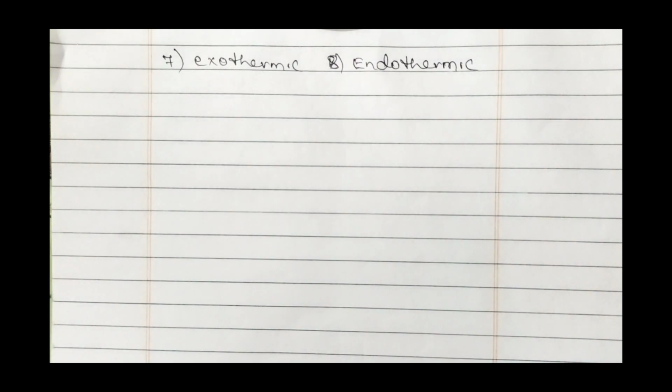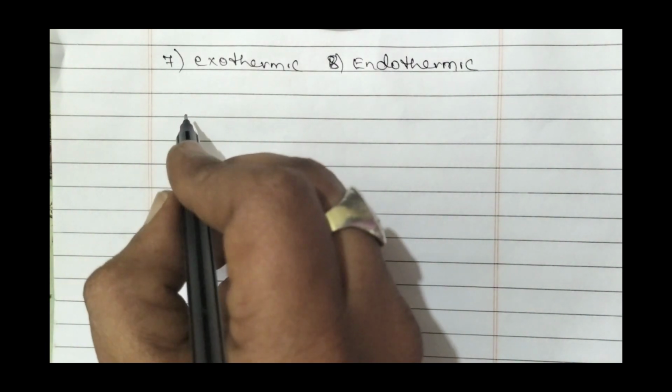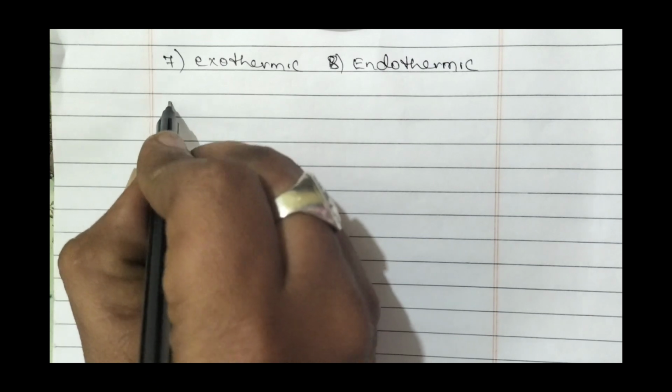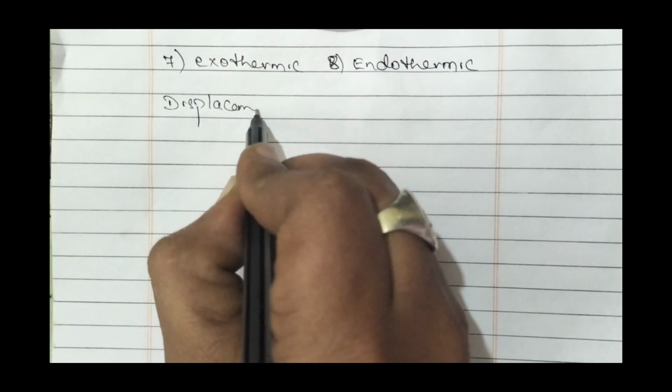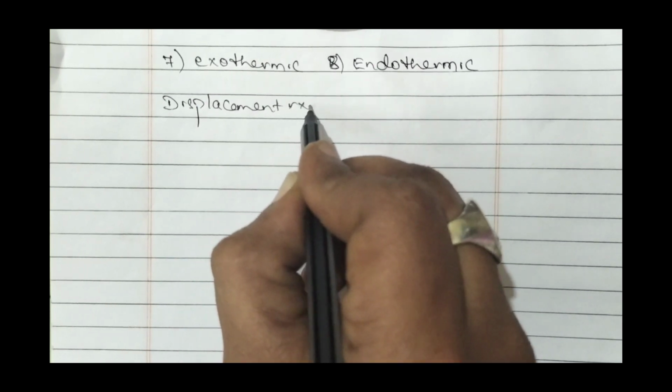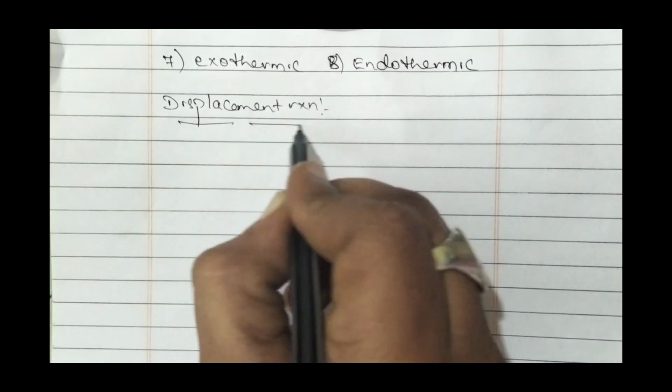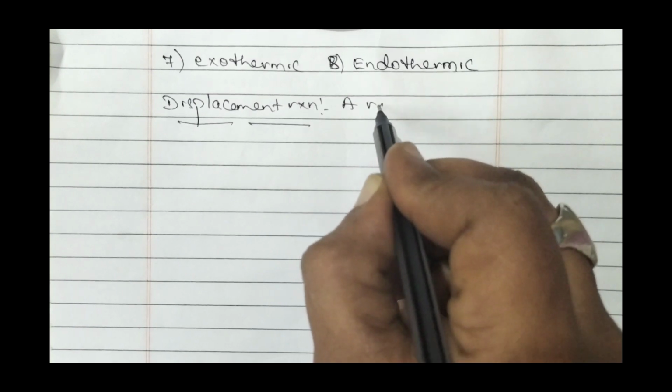In that one, we have to explain any one type with example, they have said. So I will take displacement reaction. I will take an example of displacement reaction. So what is meant by displacement reaction?